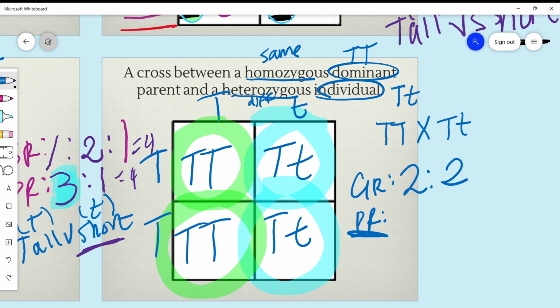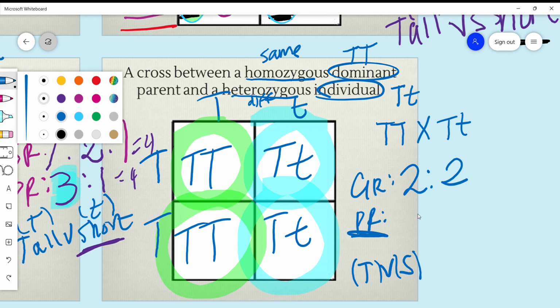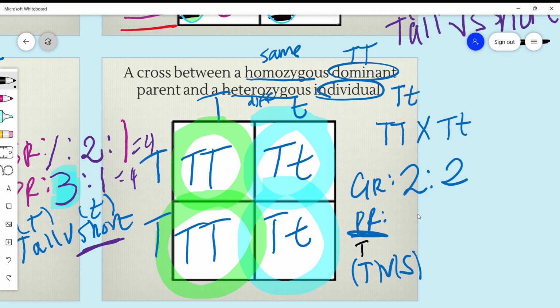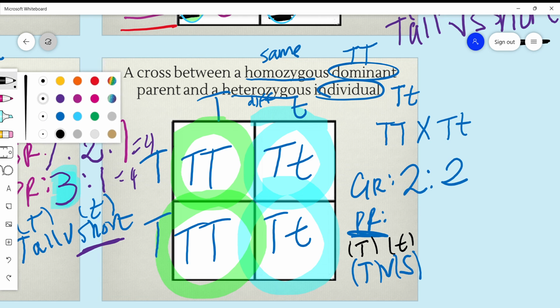Phenotype ratio, you already know we're comparing tall versus short plants. And let's put our 2 letters that represent that. Uppercase for tall, lowercase for short. Out of these 4 combos, how many do we have that are going to be tall dominant plants?